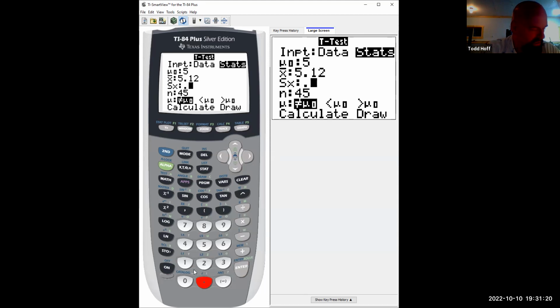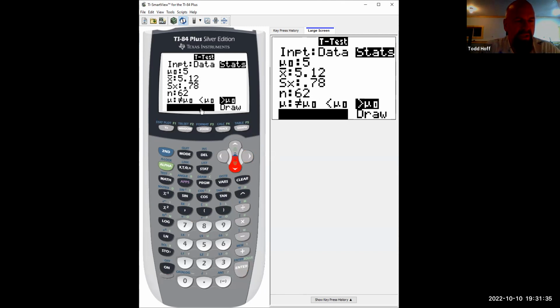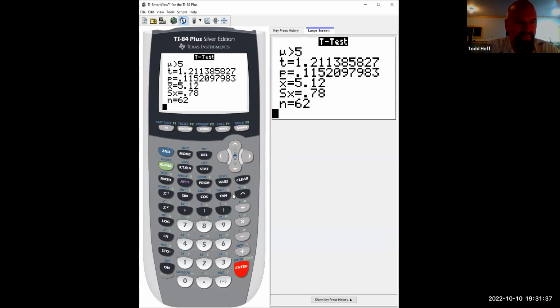Sample standard deviation is 0.78 years. Sample size was 62. The alternative hypothesis is greater than, so we select greater than that value, and then calculate. So we get T of 1.21, p-value of 0.115.